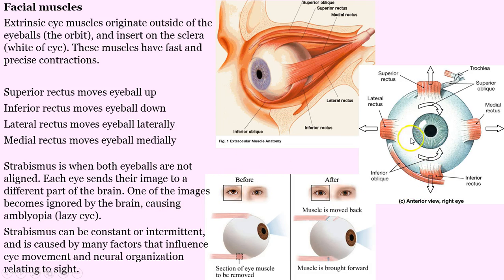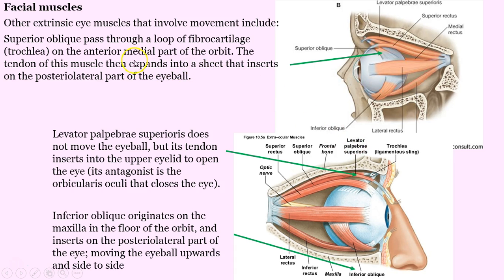Nice picture here of the rectices, lateral, medial, superior. I'll talk about the trochlea shortly, so just keep this in mind. The trochlea is this little hook, like a pulley hook. The superior oblique passes through that loop of cartilage called the trochlea I just talked about. And let's see, there's the trochlea, lower diagram.